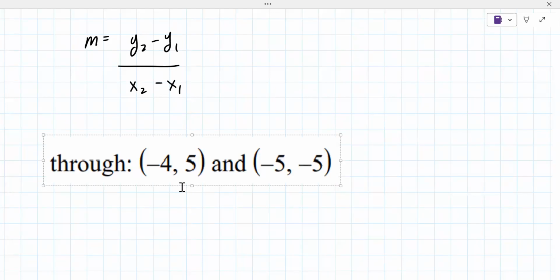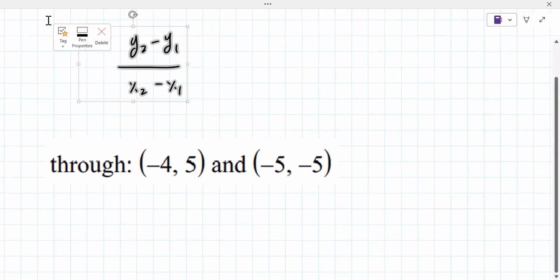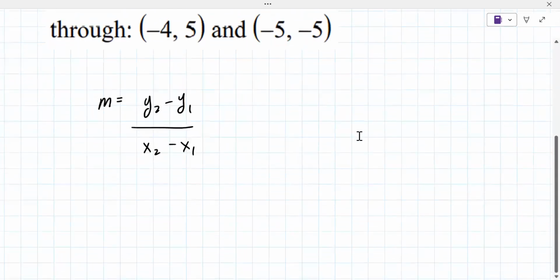Okay, I'm here, and I got my notebook with me. All right, go ahead and calculate the slope, please, between these 2 points.